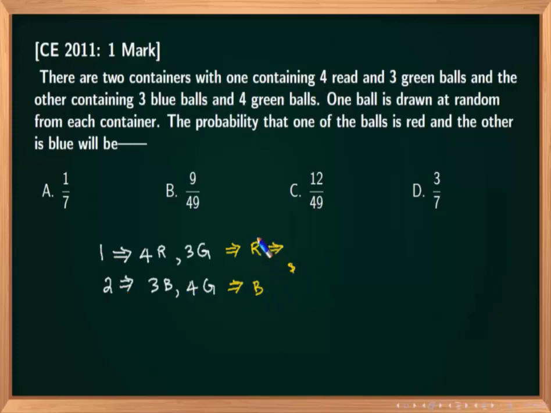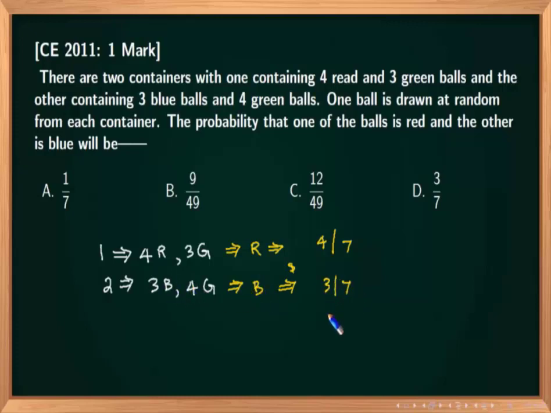So the probability of getting a red from the first is favorable outcomes. I have 4 red as favorable, so 4 divided by out of 7. From the 7 I have to get a red, which means that is 4 by 7. Now to get a blue, the probability is 3 out of 7, right?